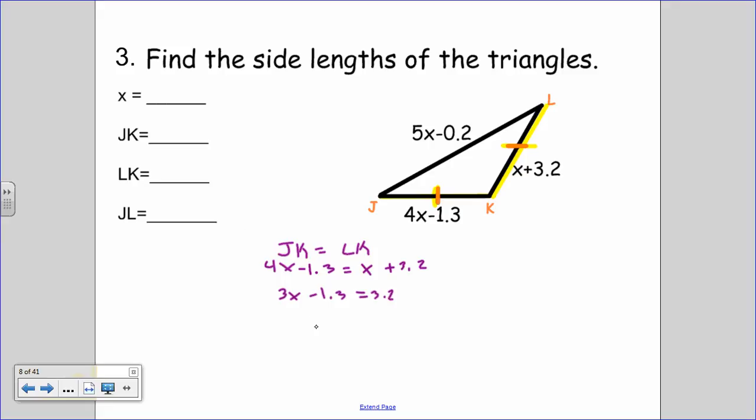Then I would add 1.3 to both sides. So 3x is equal to 4.5. And then divide both sides by 3. So x is equal to 1.5.